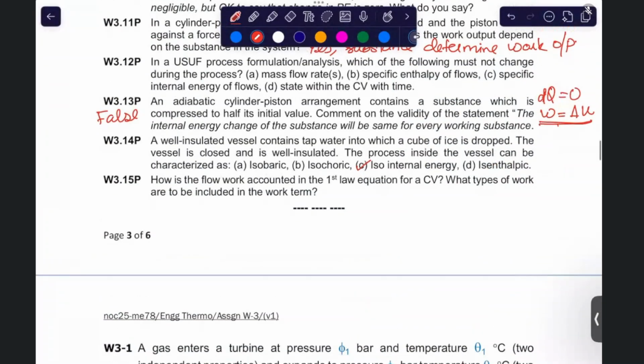How is the flow work accounted in the first law equation for a control volume? What type of work are to be included in the work term? Okay. So, for flow work in control volume analysis, we will be taking the total energy term as H plus V square by 2, which is the kinetic energy, plus potential energy at inlet and outlet.